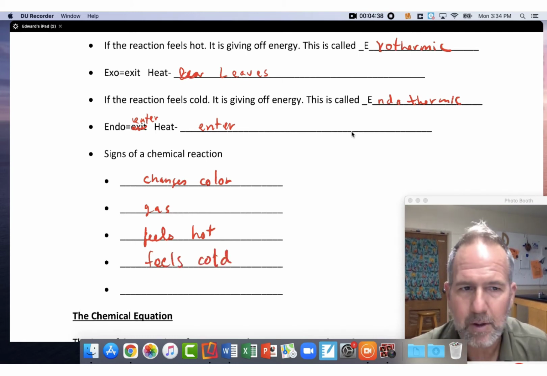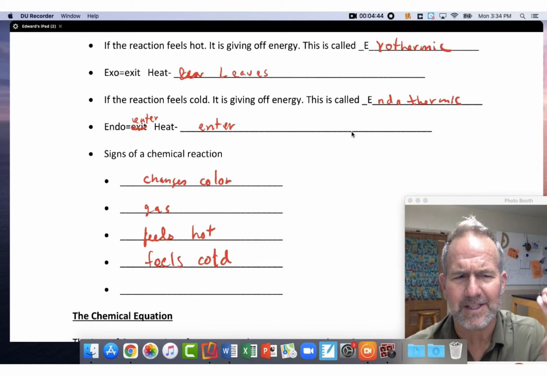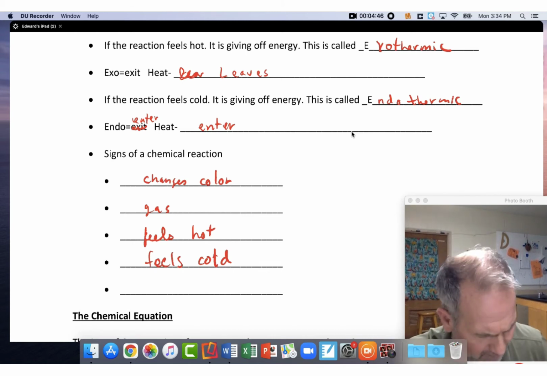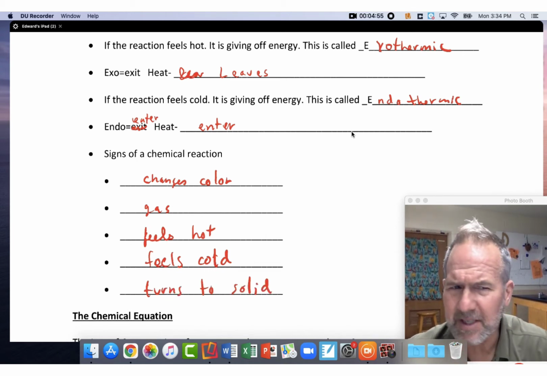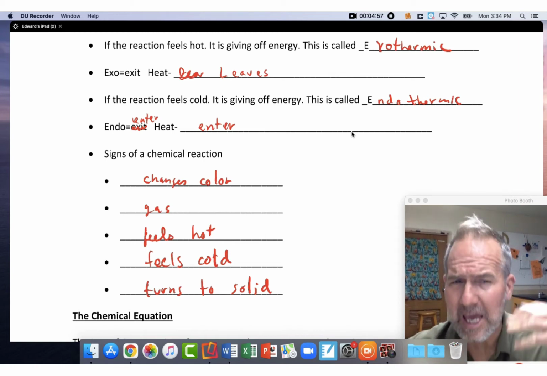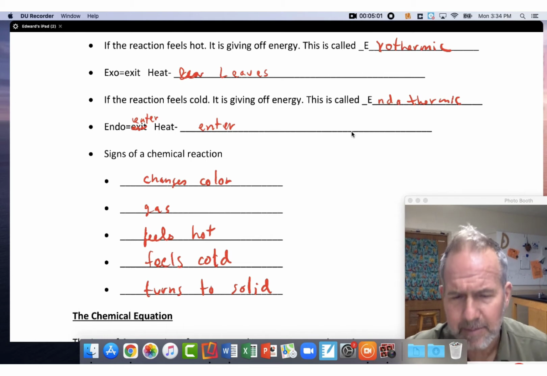Those are all changes that we can see. Color change. Remember that experiment where that blue turned into like a gel? Maybe it turns into a solid. It just changes. So if it changes from something to something that's totally different, it became a new thing, that's a chemical change. That's a chemical reaction.